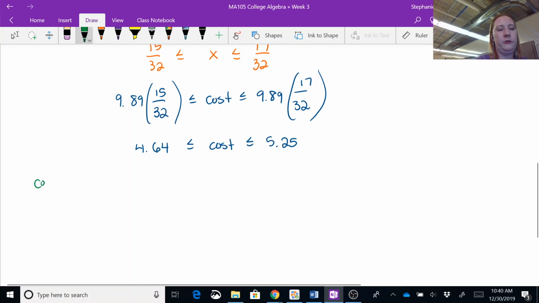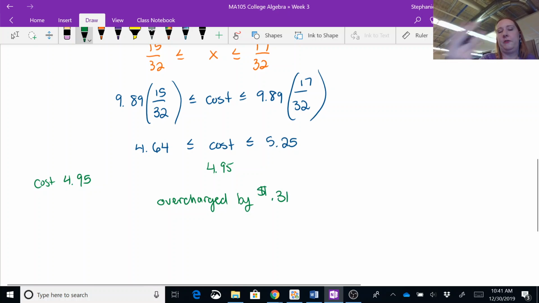So if you paid $4.95 and the actual was 4.64, say the lowest possible, 4.95 minus 4.64, you could have been overcharged by 31 cents because that's the difference between 4.95 and 4.64.